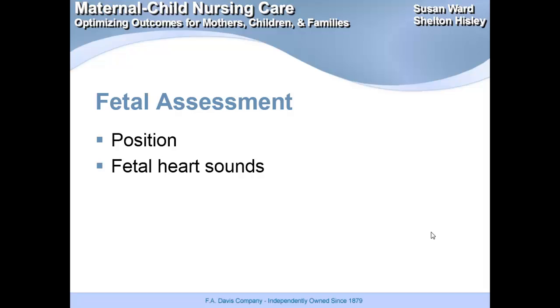So variability is the fluctuation in the fetal heart rate, finding out how the pattern is changing, if it's irregular. If variability is adequate, that means that the fetus is adequately oxygenated.